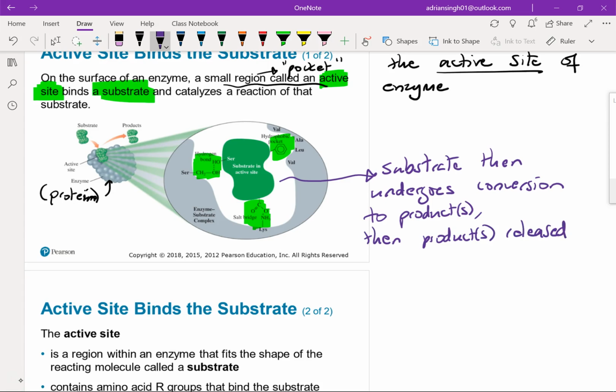So once those products leave, then the active site is freed up, which means another substrate can come in and be catalyzed.